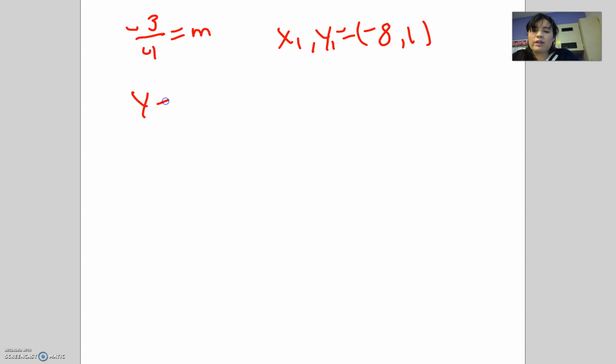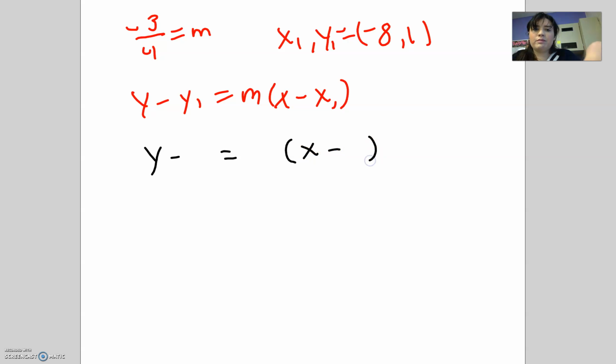So now we have to write that y minus y1 equals m times x minus x1. So I'm going to write it with blanks.